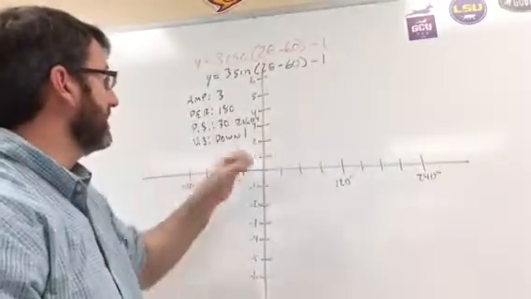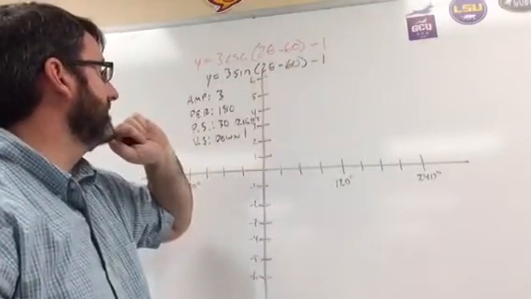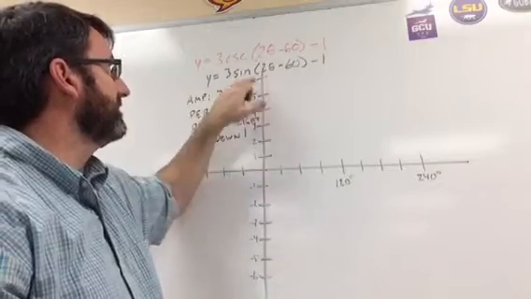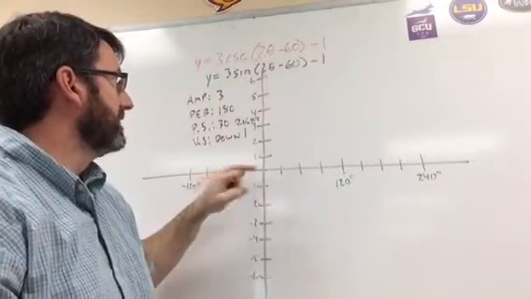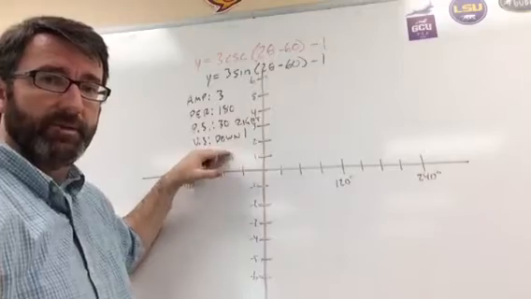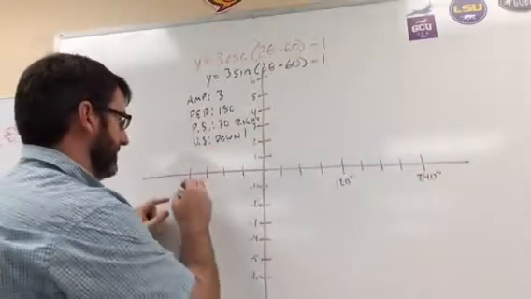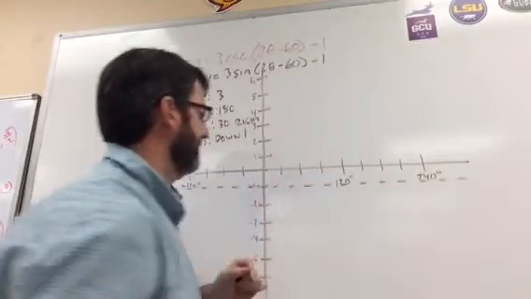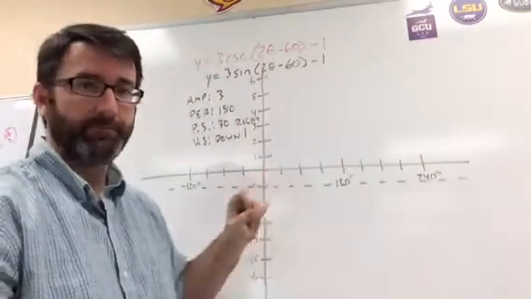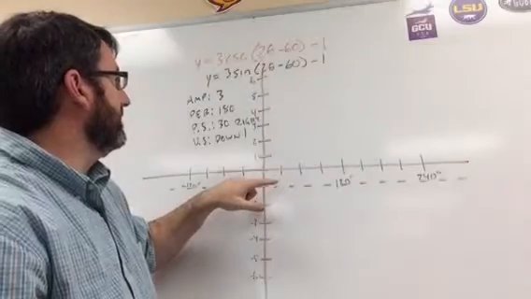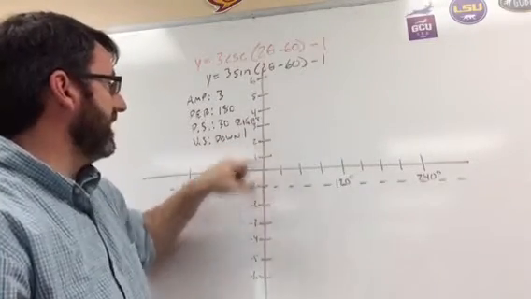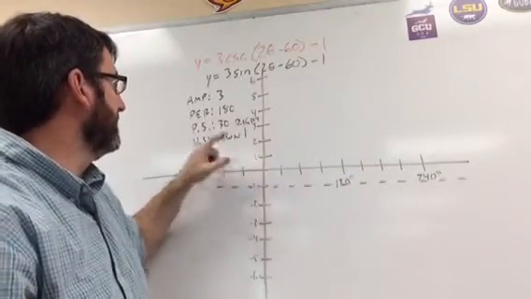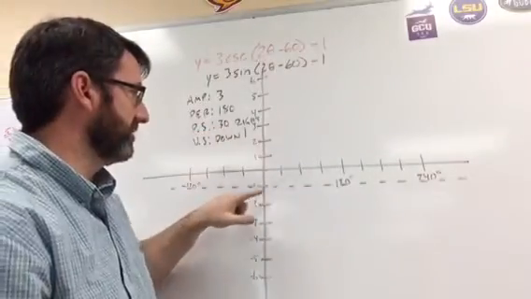All right, so now we can graph this sine function. So let's start with the midline. That's going to be our vertical shift. It's going to shift this midline down here to -1. And then this is sine, so it starts on the midline, but we're shifting it 30 degrees to the right.